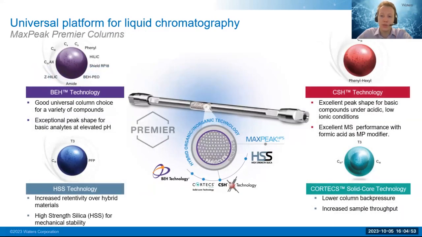As a total solution, MaxPeak HPS surfaces have also been incorporated into a comprehensive family of columns to offer a range of selectivity and particle size choices, as is shown in the slide. So in tandem, all of these solutions are holistically designed to work together and eliminate analyte losses caused by metal interactions and act as a universal platform for separation of biotherapeutics.